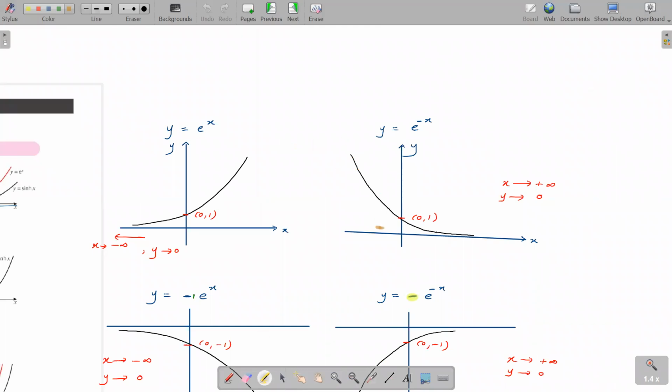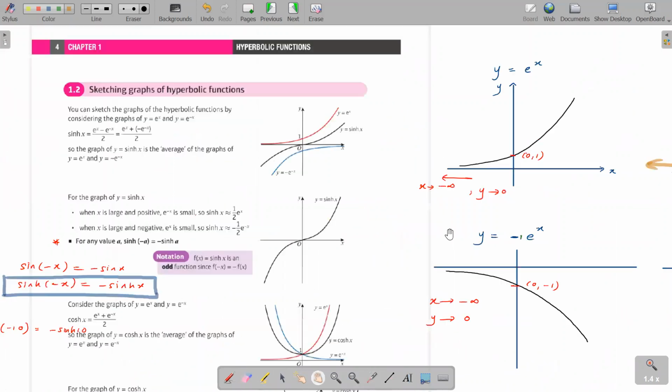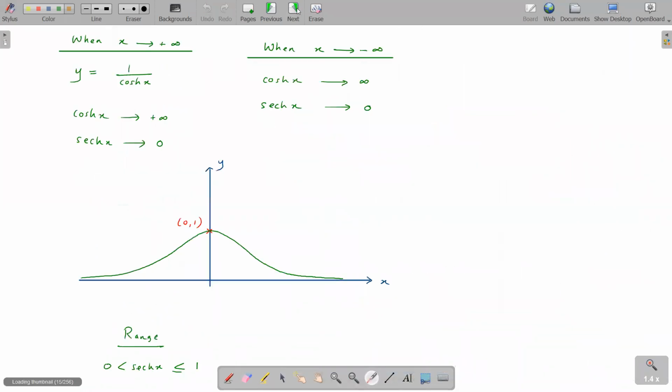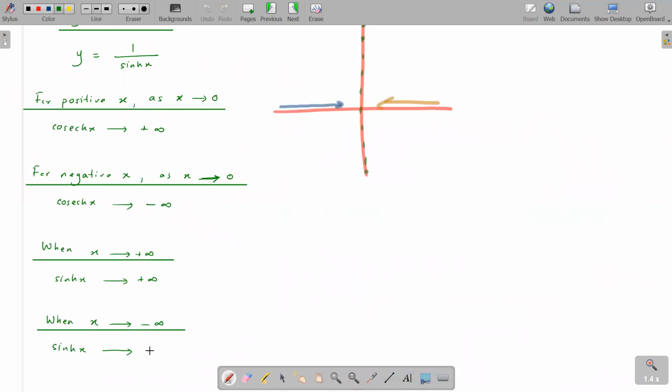But when you go to the negative infinity side, you can see as x goes to negative infinity, the y value gets really large, and it's a positive value, but you have a minus half e to the power minus x. So the minus half in front makes these positive values all negative, right? Because of the minus mark, the entire thing turns negative. So you get an infinitely large negative y value.